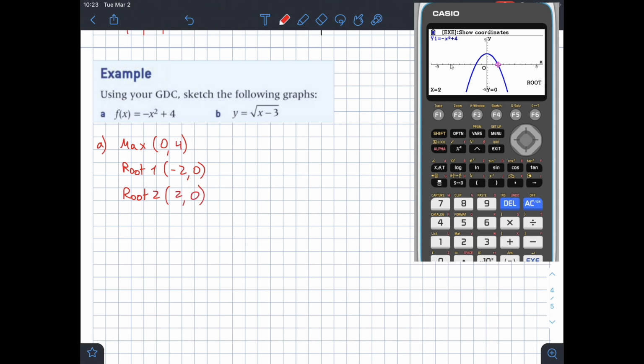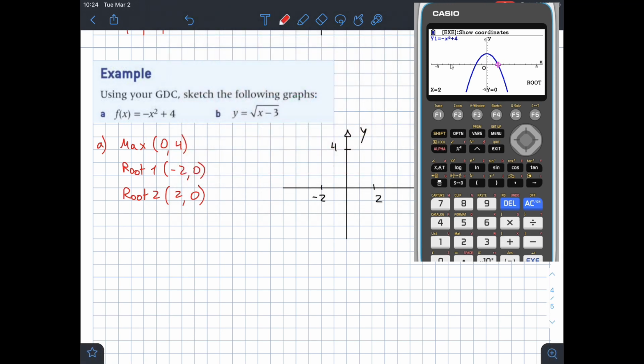So with this information, we can already do a quick sketch of this graph. We can do here our coordinate plane. This is x, this is y. I'm going to mark the maximum right here. I'm going to say that this is 4. Then negative 2 would be somewhere around here, and positive 2 would be somewhere around here.